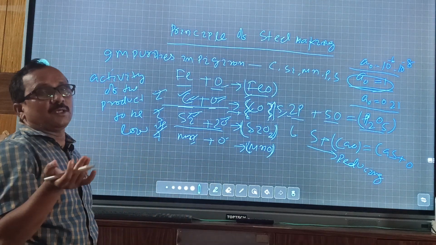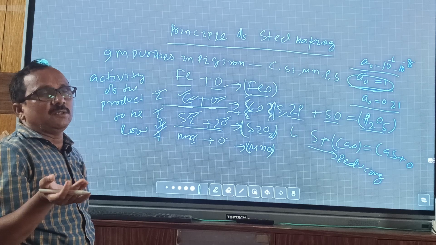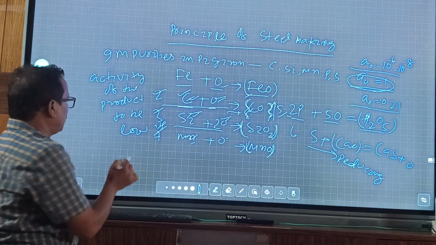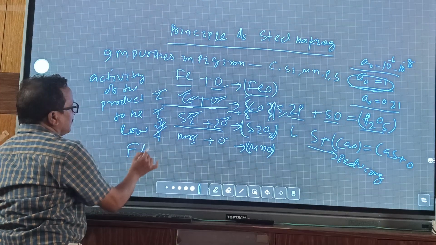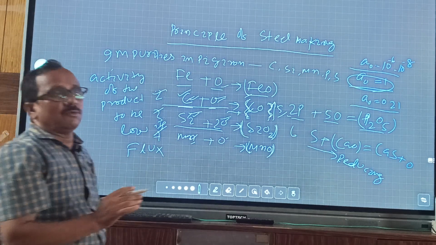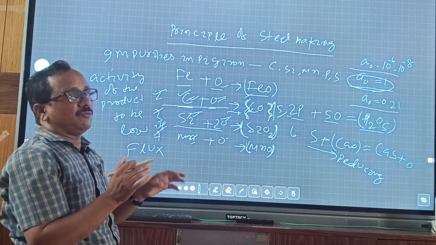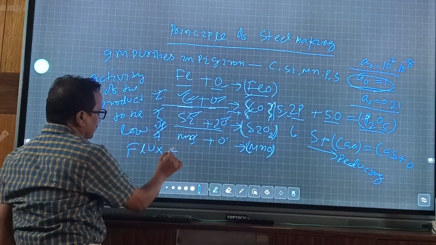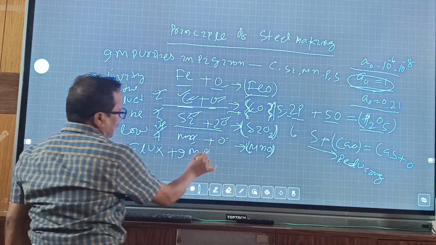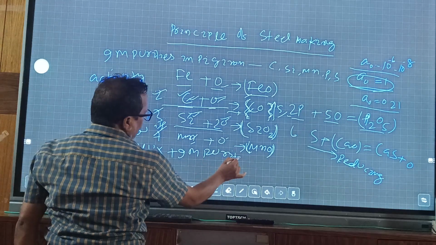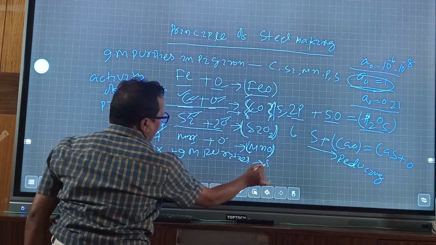So how can we decrease the product activity? By adding the flux. We have to add the flux. If we add the flux, then the activity is lower, and it forms by reacting the flux with impurities. Flux with impurities makes slag.